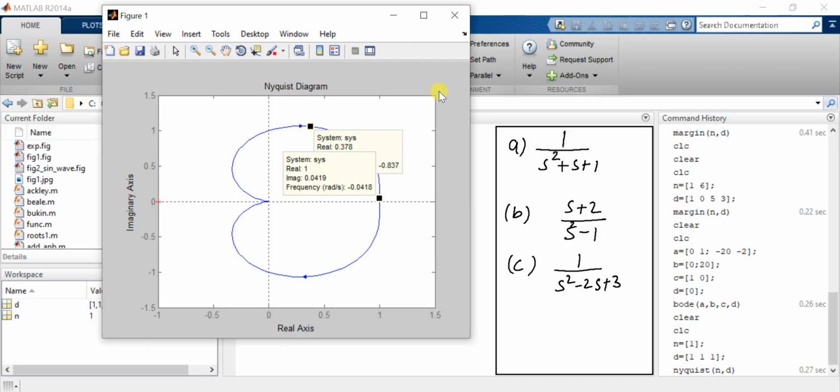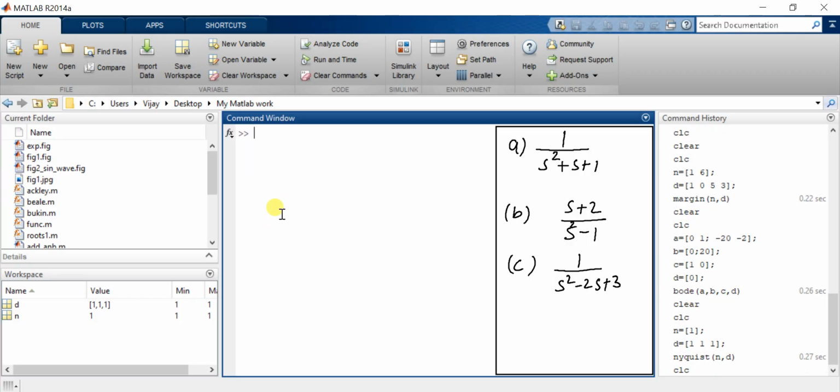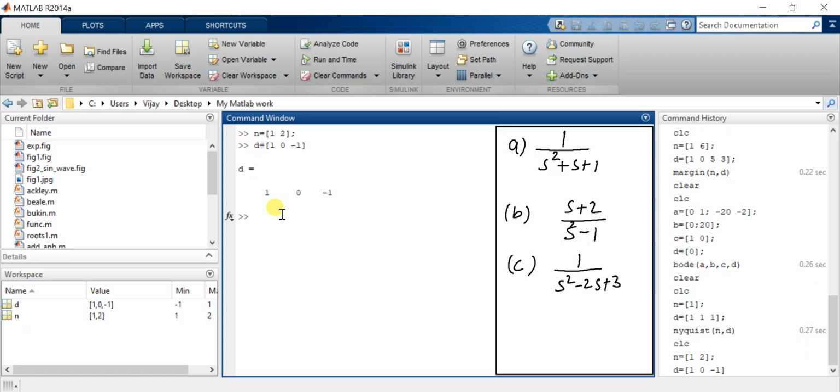Let's try to code for the second one. For the second one, n equal to 1 2 and d is 1 0 and -1.